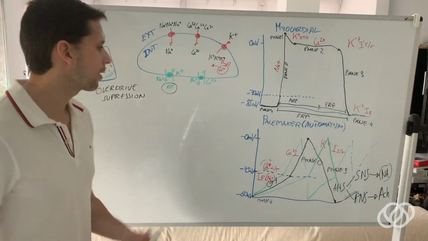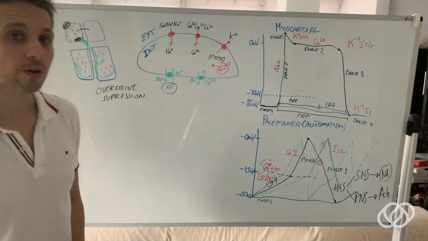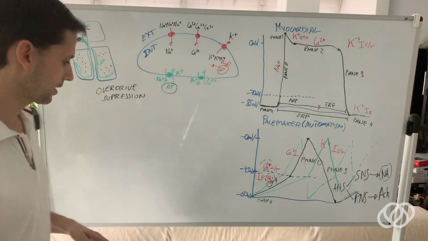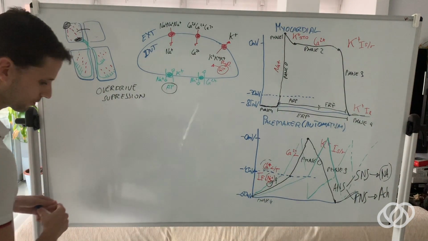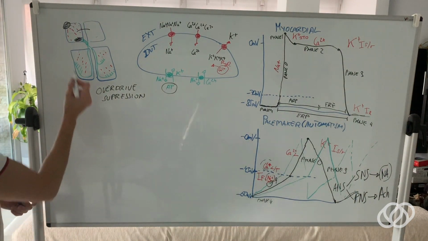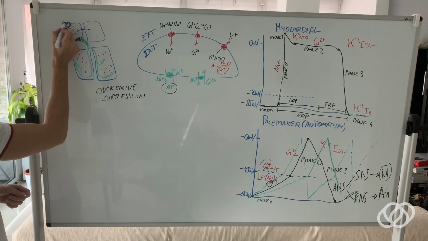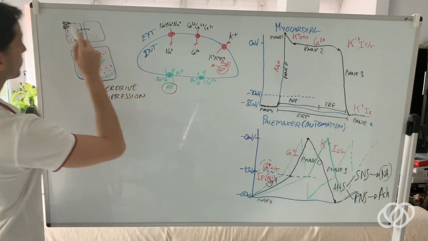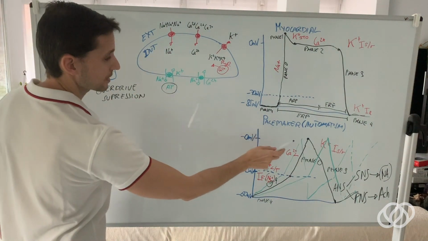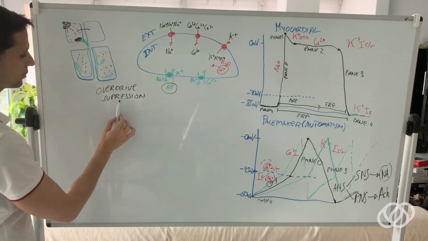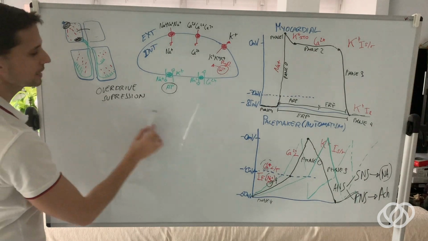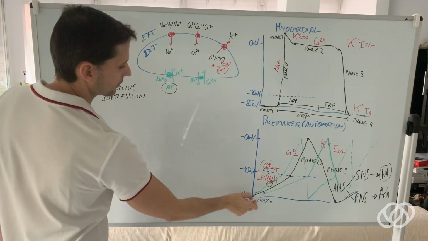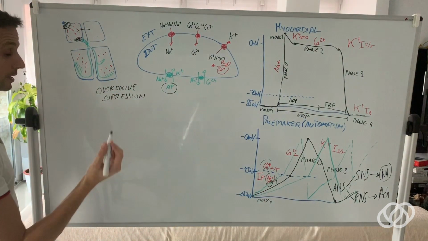So, how are we going to see it in the surface ECG? We know there is one normal beat. Everything will start here in the sinus node. Because the sinus node is the one that has the highest heart rate, and because of the overdrive suppression phenomenon, it will be the one that says when to begin.